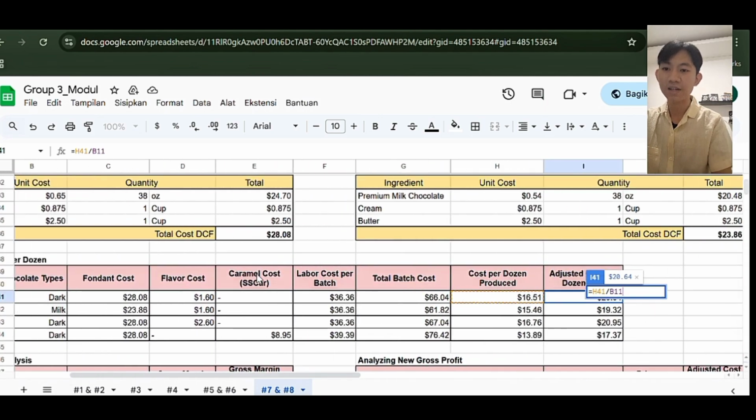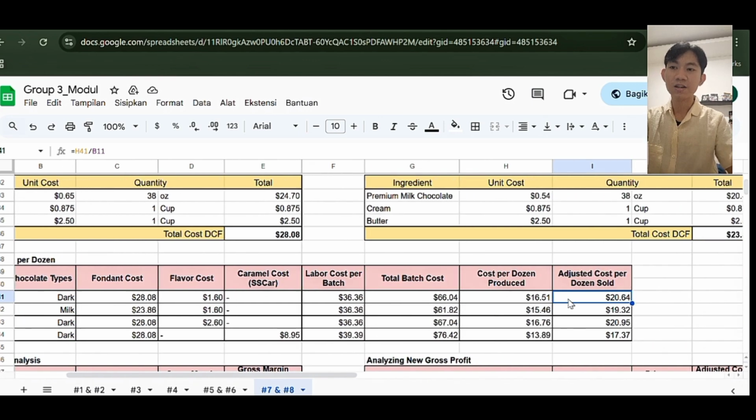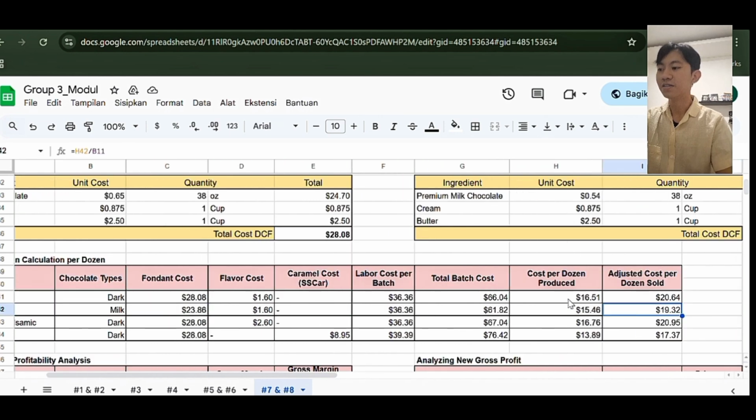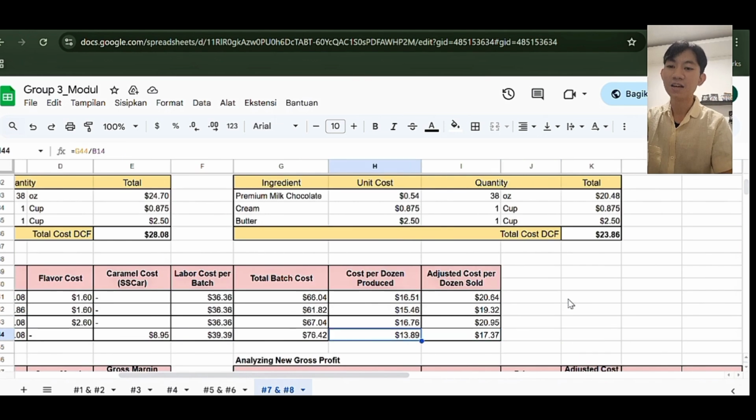This is the real cost after adjusting for the samples. So it is $24.64 for the milk-based fondant, the dark-based fondant is $19.32, the dark strawberry balsamic will be $20.95, and the sea salt caramel will be $17.37.